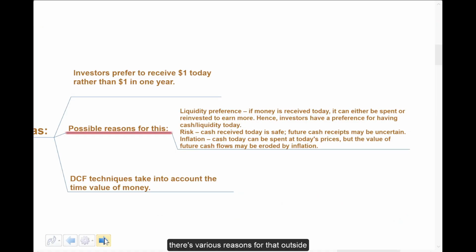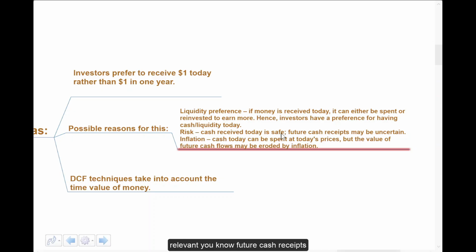Now, there's various reasons for that outside of the obvious, i.e. that $1 today is worth more than $1 down the line because of inflation. It may well be that investors have a liquidity preference. In other words, that they have a preference for having money today as opposed to in 1 year or 2 years, etc.